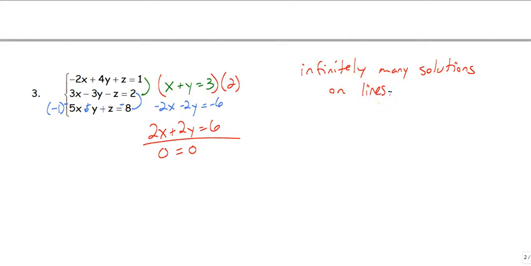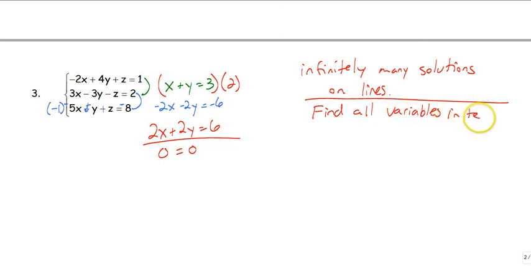Okay. So here's what you do when you get these. Number 1. Well, first you have to find all the variables in terms of one variable. You guys might be thinking, aren't we just done? Well, no, we want to know what those lines are.